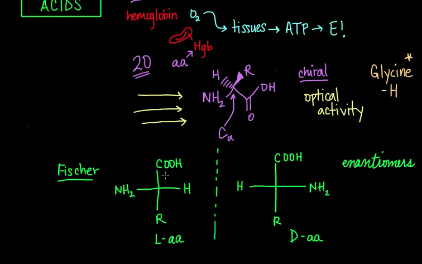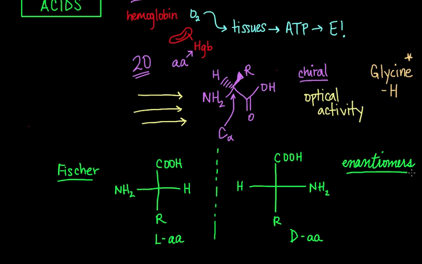You can kind of think of these two configurations like your left and right hand. And although your left and right hand are mirror images of each other, you can't superimpose them on one another. And that's the relationship between an L and a D configuration for Fisher projections.